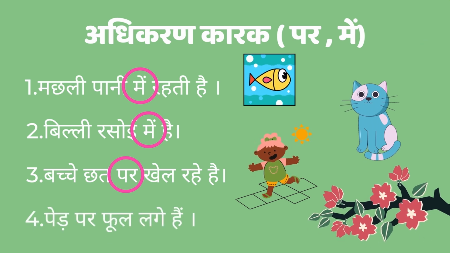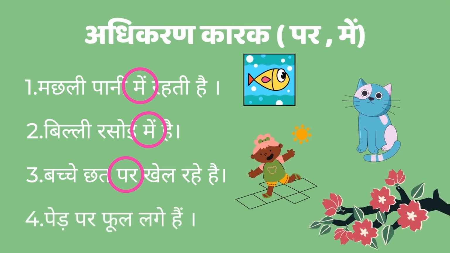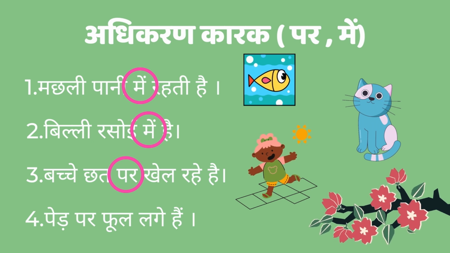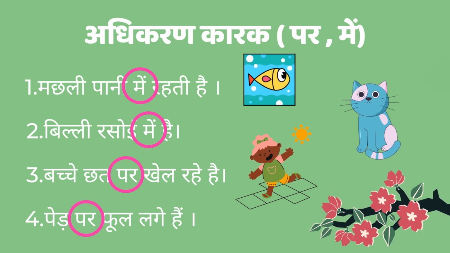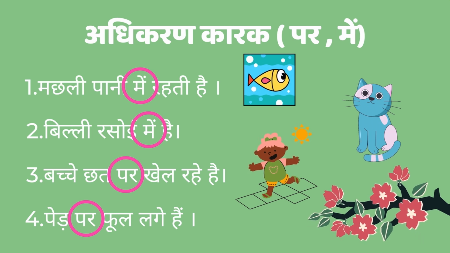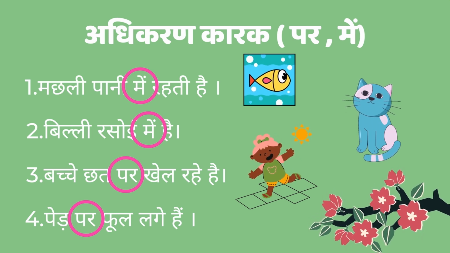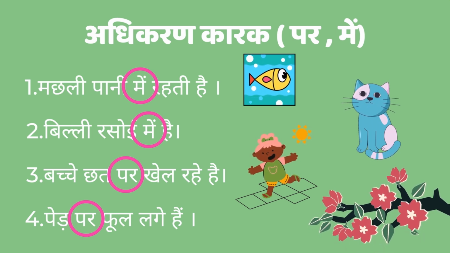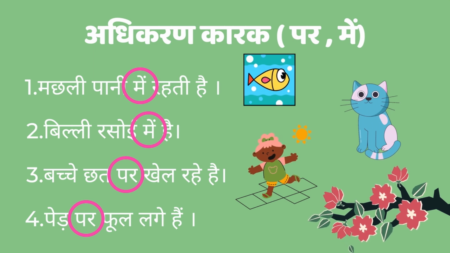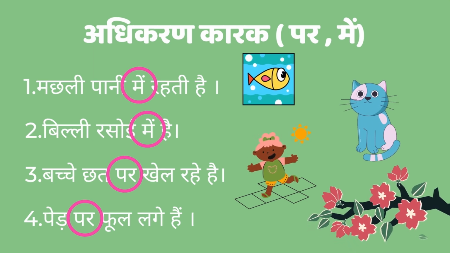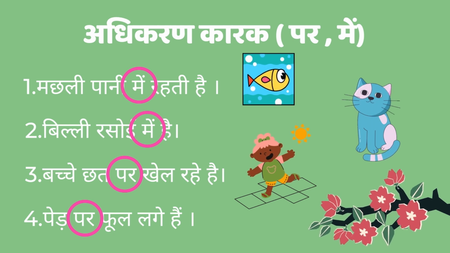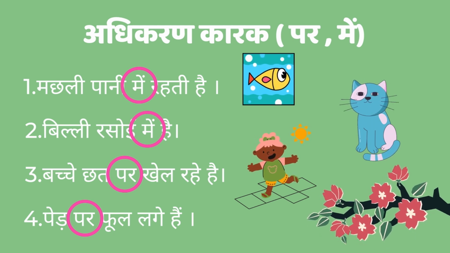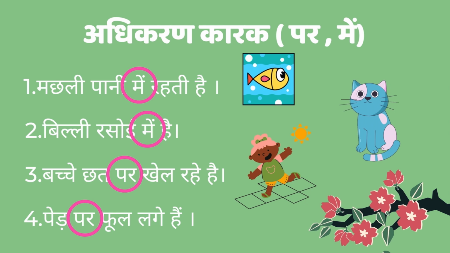Next example. पेड़ पर फूल लगे हैं. पर, it means on. So the meaning is there are flowers on the tree. So adhikaran-karak means locative case, denoting the location or the place where the action occurs.